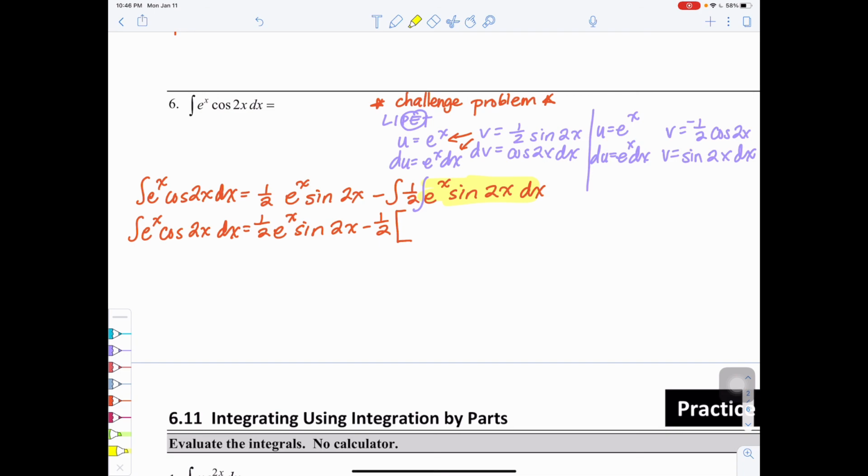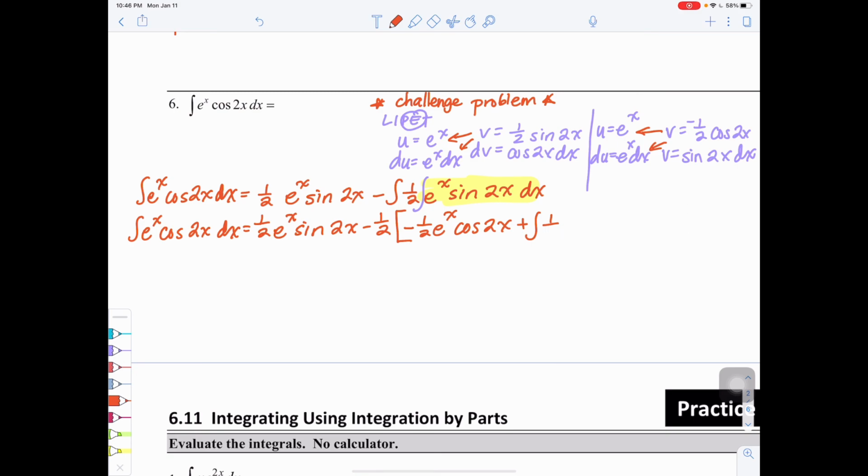And parts has a difference in it. Okay? So let's take uv, which is negative 1/2 e to the x cosine 2x. So uv minus the integral of v du. And that's going to be a plus now, because minus a minus, 1/2 e to the x cosine 2x dx.